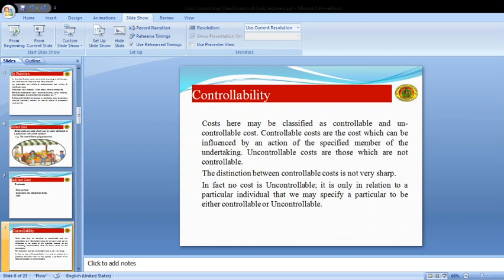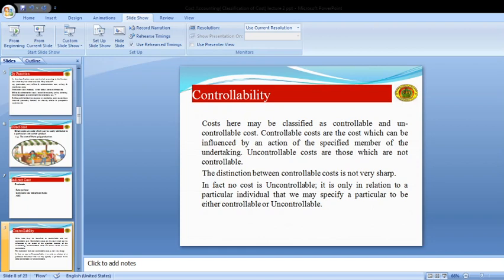For that level, will the rent be a controllable cost? Mostly no, because the decision on rent would have been taken already by higher levels. The decision on wage rate might have been taken by higher levels. Then those costs will be considered as non-controllable cost.